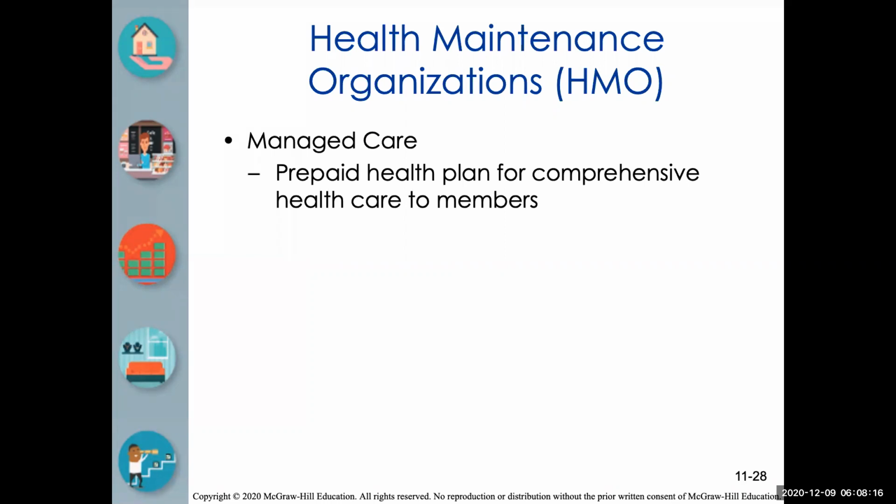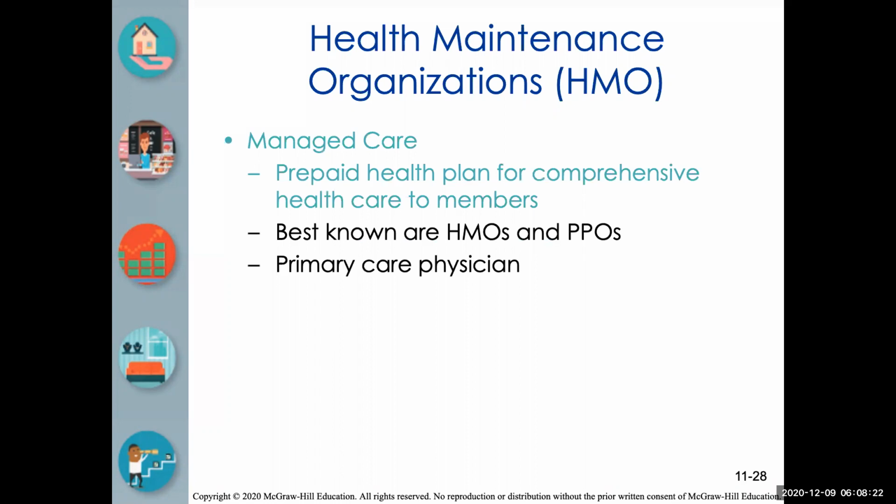Okay, and the two most common managed care plans are the HMO and PPO, right? And within both the HMO and the PPO, you have a primary care physician. Some cases you get to select whoever you want.